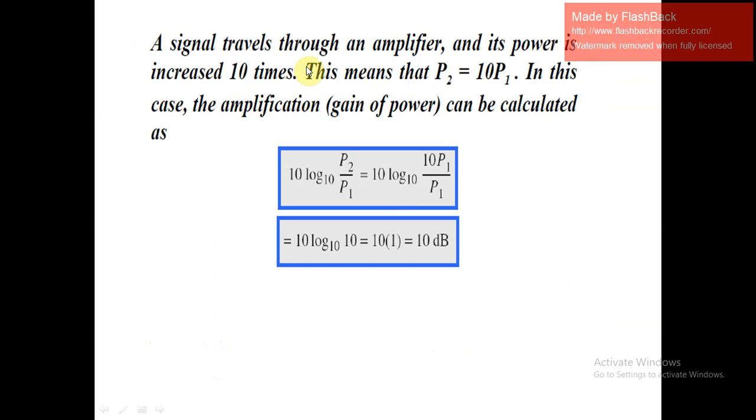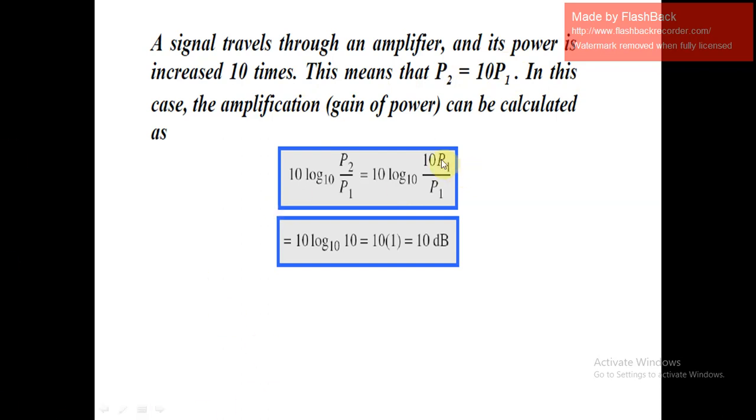Another example: a signal is traveling through an amplifier. If the transmission medium causes loss, and the signal passes through one amplifier, you have some gain in between. So if the received signal P2 is 10 times P1, in this case amplification will be there instead of loss, and the formula remains the same.